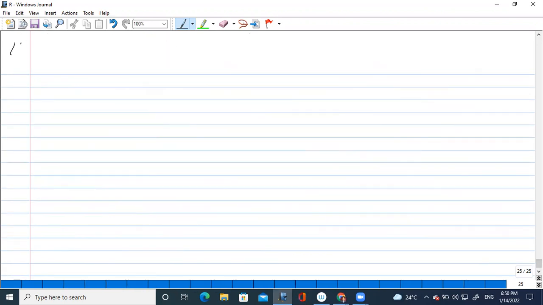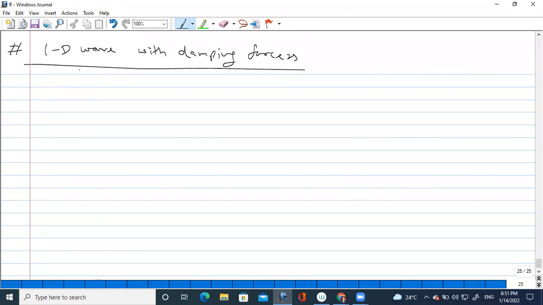Okay, so now I am taking the 1D wave with damping force. Okay, so we can write such an equation. So only the damping force is there, mind it. In our simple equation, it was a square u double x equal to u double t.